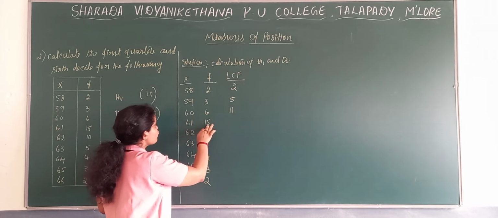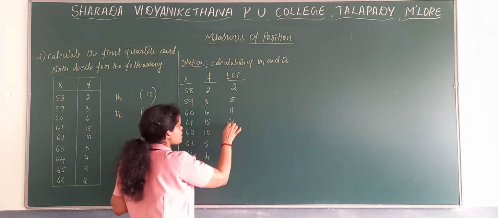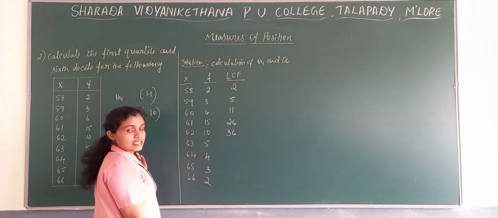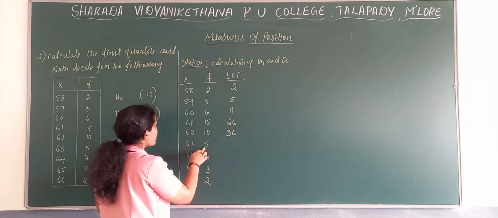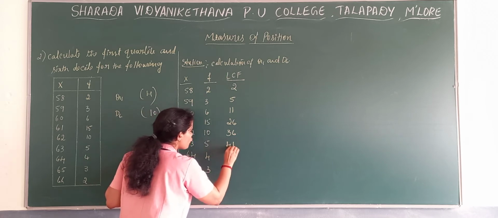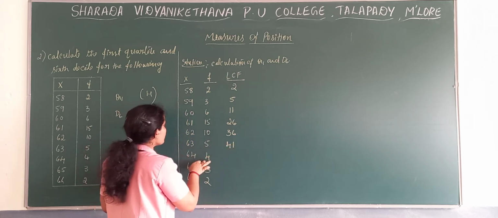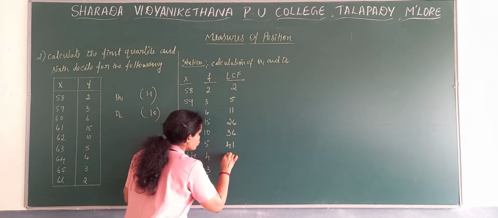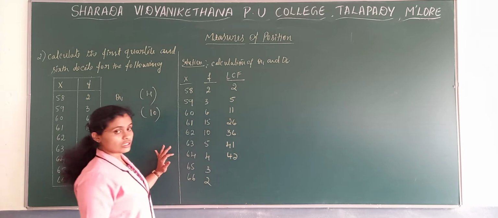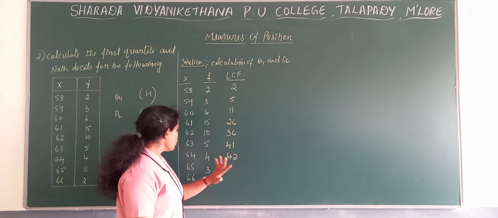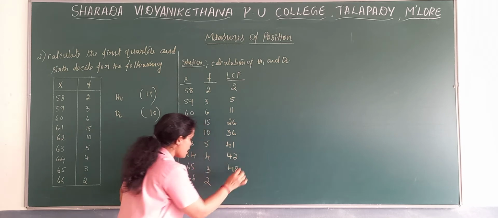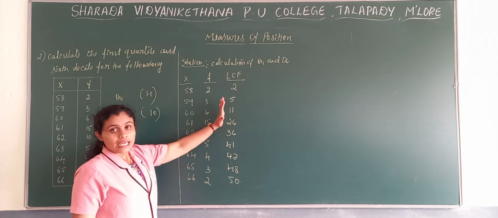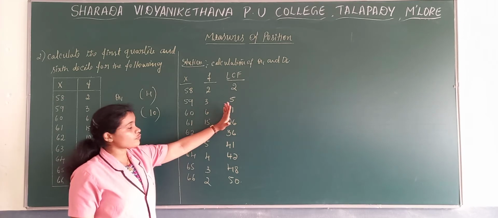Then 11 plus 15 we get 26. 26 plus 10 is 36. 36 plus 5 we get 41. 41 plus 4 we get 45. Next we get 48 and the last one is 50. So this is the LCF.